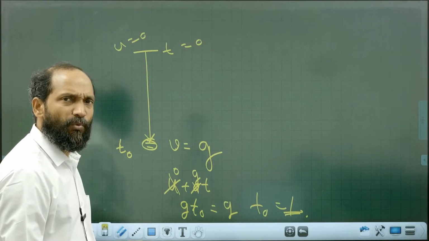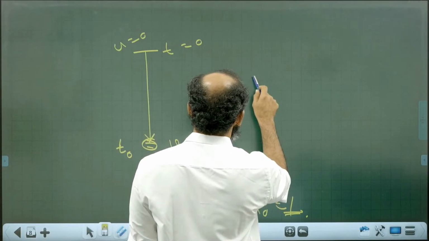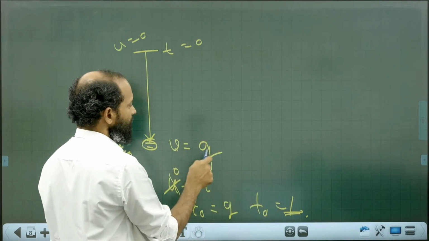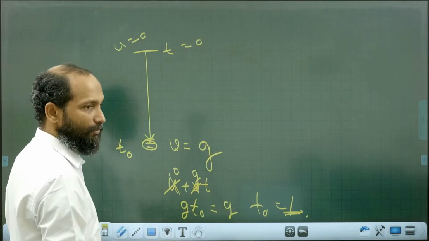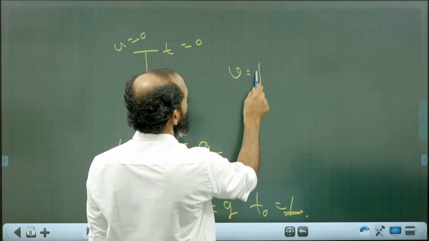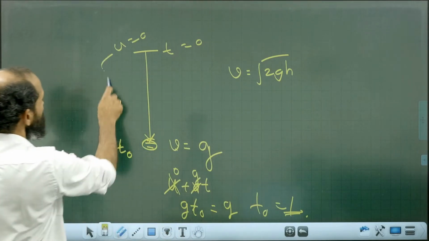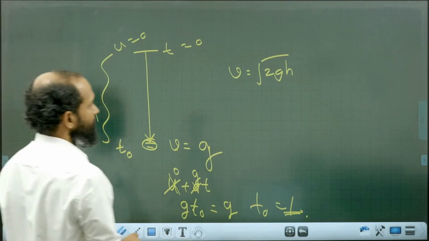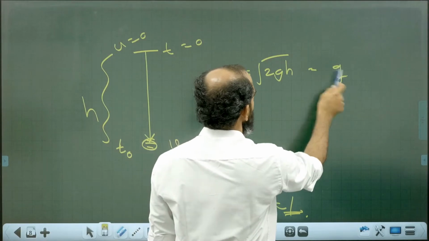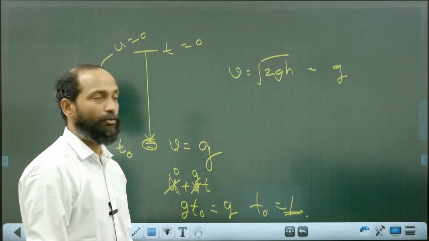After traveling what distance does this happen? Then you use v equal to root of 2gh, if h is the distance traveled within that time interval. That v is equal to g. In the velocity formula v equal to g is to be substituted into the other formula, root 2gh.